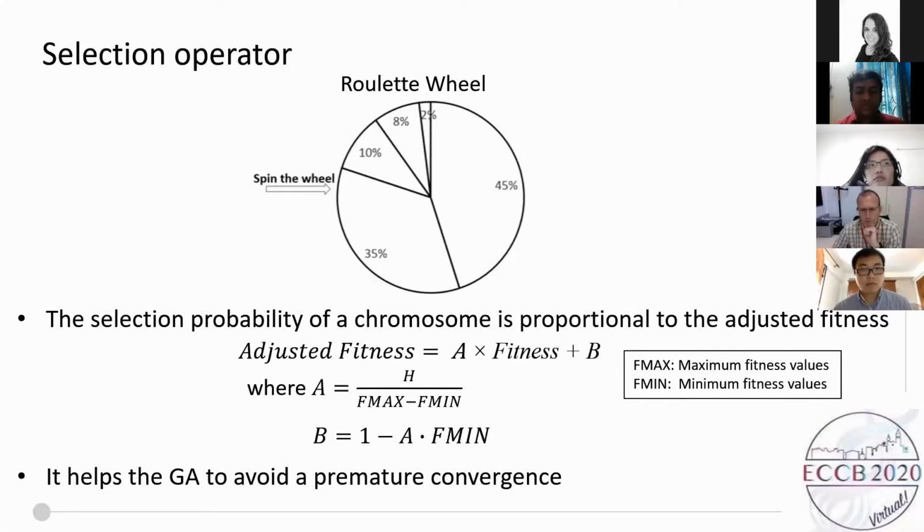Fmax and Fmin are the maximum and minimum fitness values in all the populations. Actually, it helps us to avoid premature convergence in the genetic algorithm.